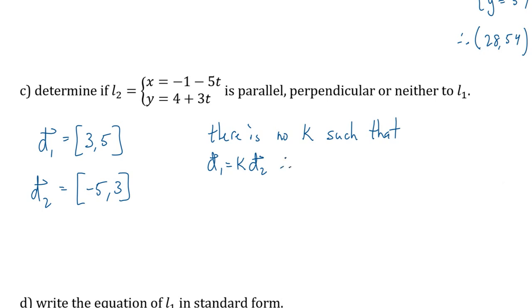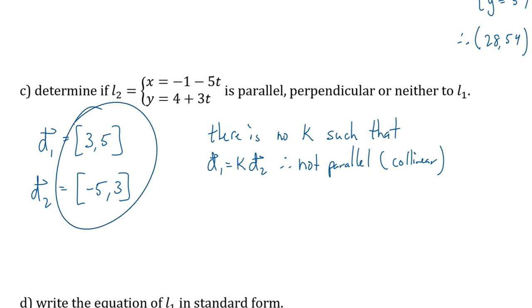Therefore, these are not parallel, or we sometimes, again, call that collinear. Okay, so I've ruled that out, that they're parallel. That's what I would look for parallel. Yes, cross product can tell us that as well if we're working in three space, but probably just looking at scalar multiples is easy if you have both direction vectors.